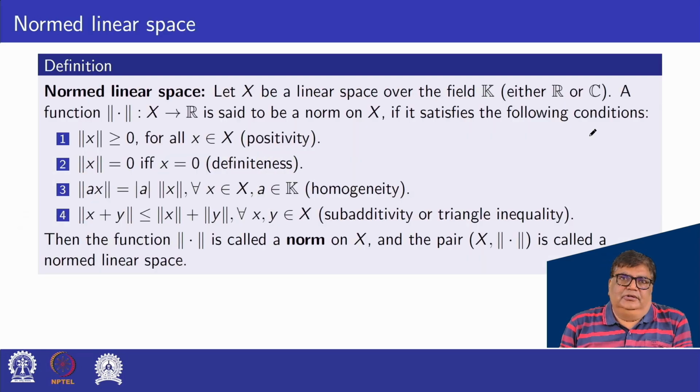Normed linear space. Let X be a linear space, that is, a vector space, over the field K, either R or C, the set of real numbers or complex numbers. A function ‖·‖ from X to R is said to be a norm on X if it satisfies the following conditions. First, ‖x‖ is greater than or equal to 0, that is, positive.